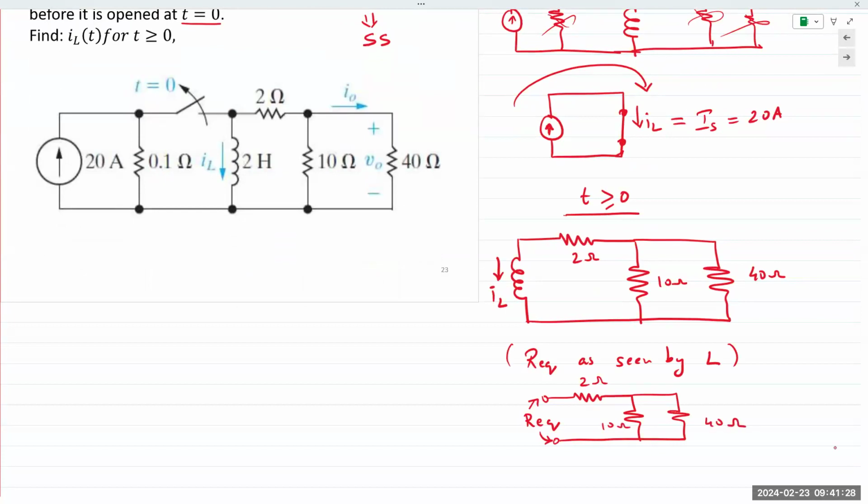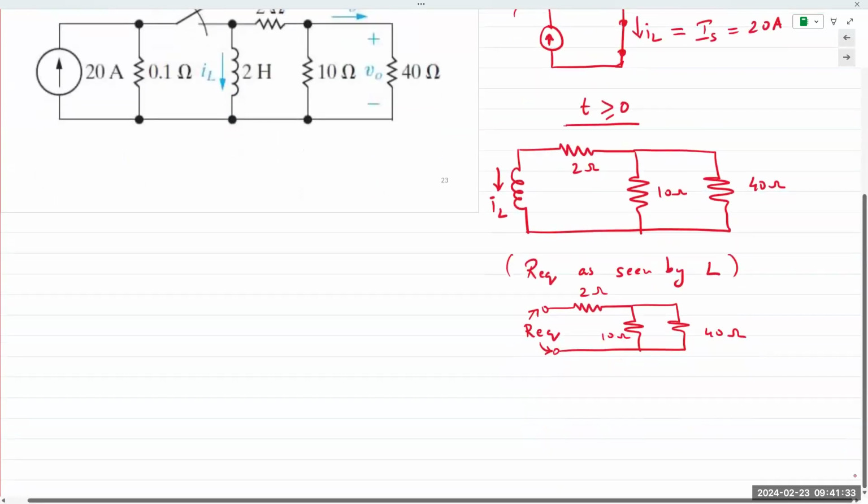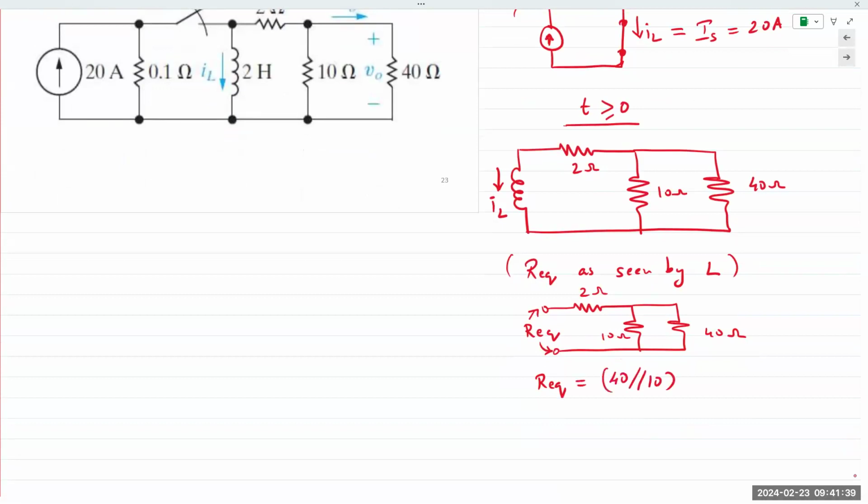So we start at the farthest end away from the measurement terminals. And I can write Req is 40 in parallel with 10, plus 2 ohm resistor in series. 40 in parallel with 10 gives me 400 divided by 50, plus 2. And so my Req is 10 ohms.